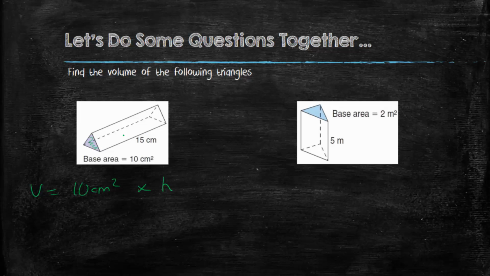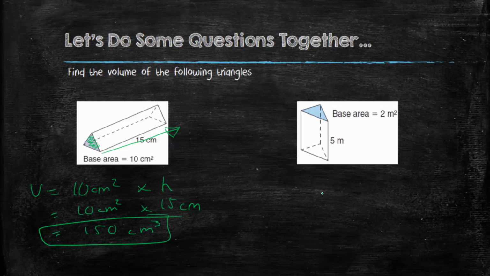Since this is the base, this diagram is a little tricky because actually you should be standing this diagram up. So this will be on a table, for example, and this will be the height of the figure. So the height is 15 centimeters. So 10 centimeters squared times 15 centimeters gives us 150 centimeters cubed. And that is the answer of this figure.